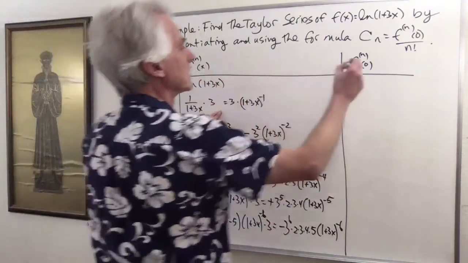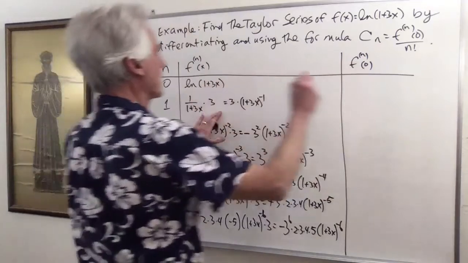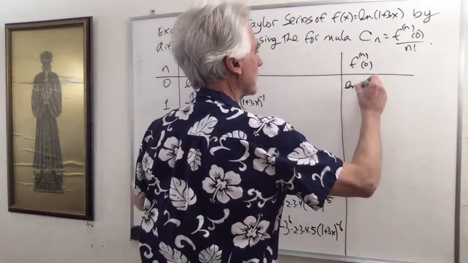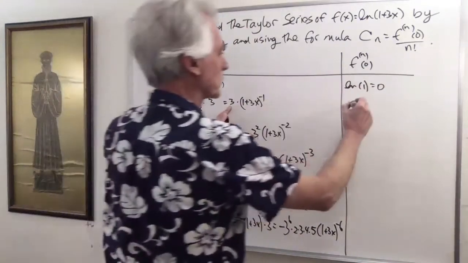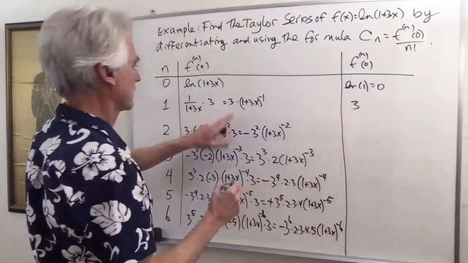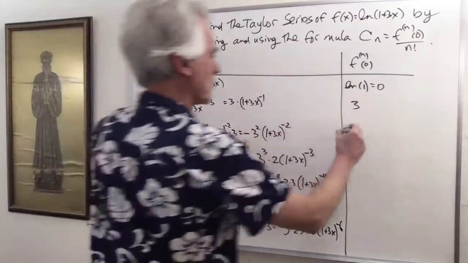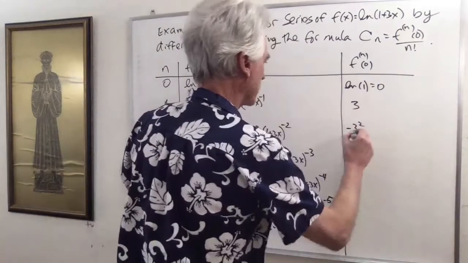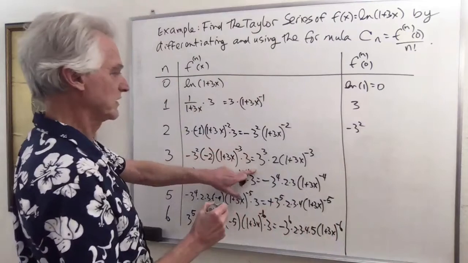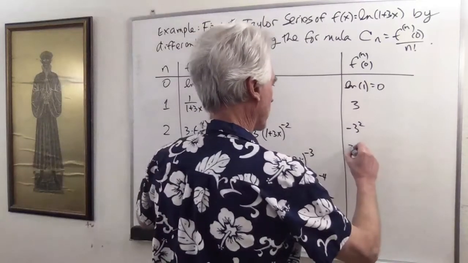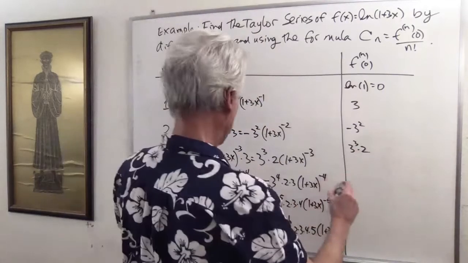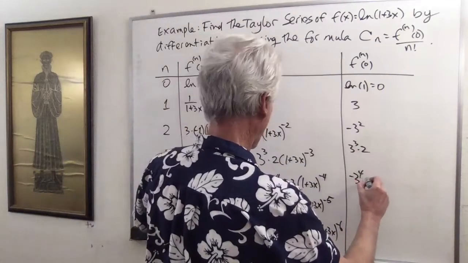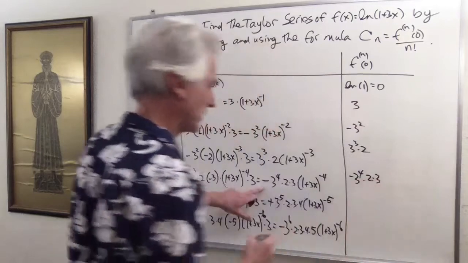So what do I get here? f of 0 is log of 1, which is 0. The first derivative is 3. The second derivative is minus 3 squared. The third derivative is 3 cubed times 2. The fourth derivative is minus 3 to the 4th times 2 times 3.